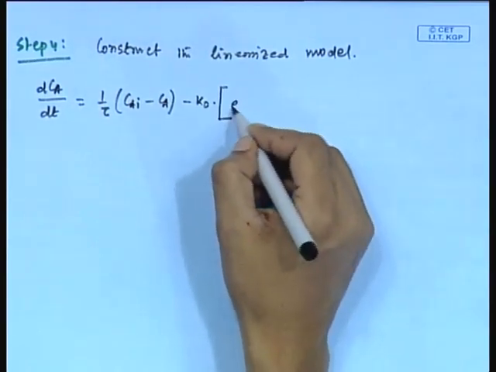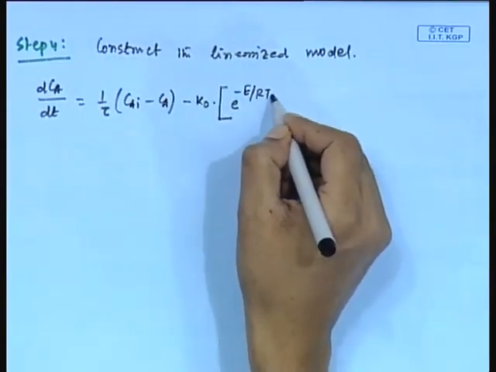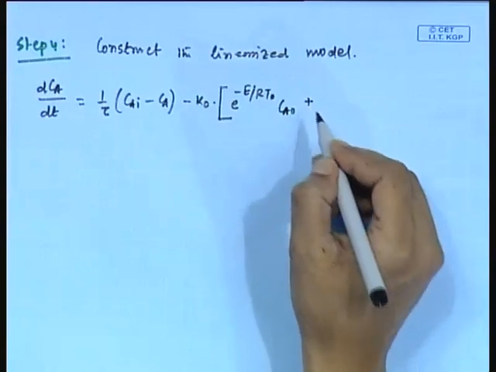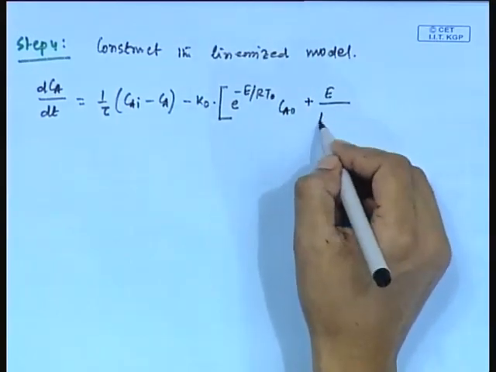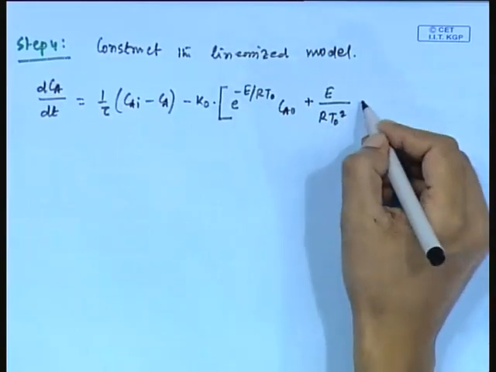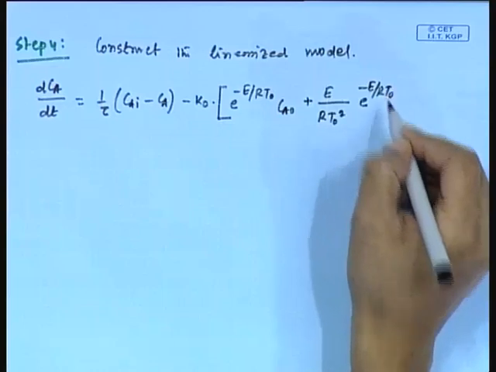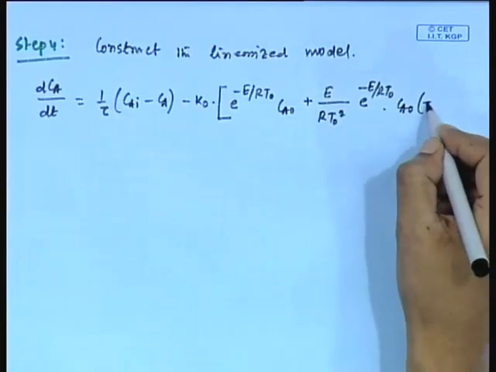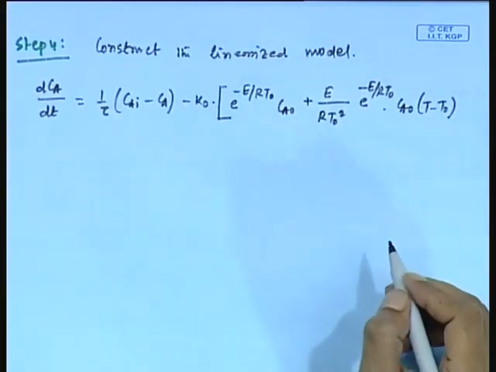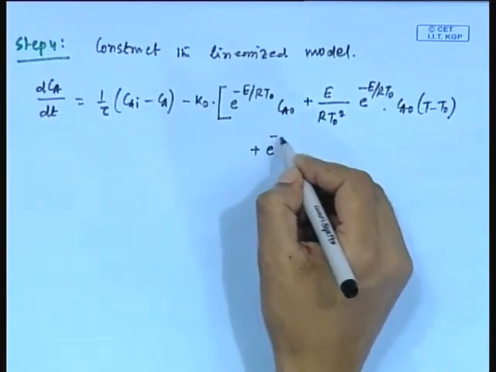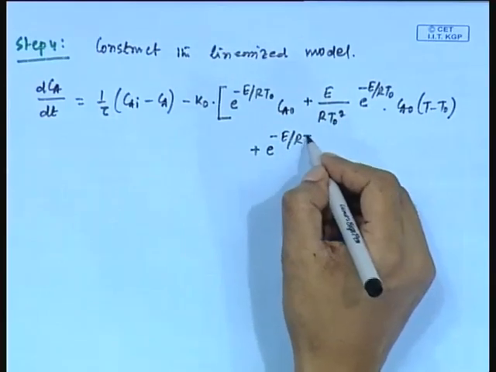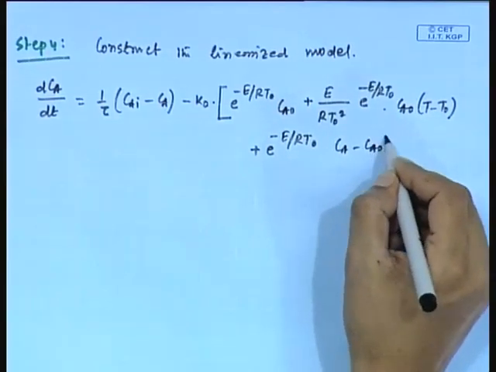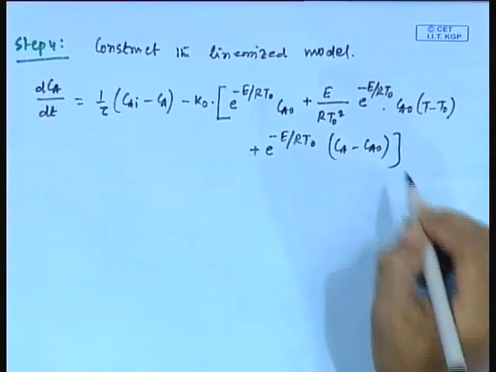So, k naught [exponential of minus E divided by RT naught, CA naught, plus E divided by RT naught square, exponential of minus E divided by RT naught, CA naught, (T minus T naught)], and the last term is exponential of minus E divided by RT naught multiplied by (CA minus CA naught). Am I correct?